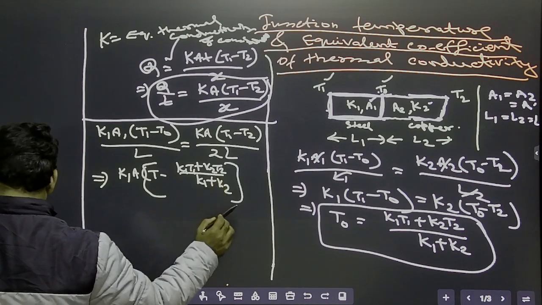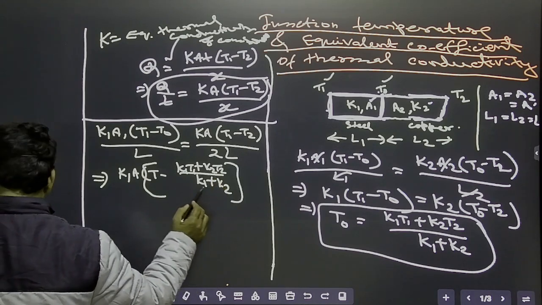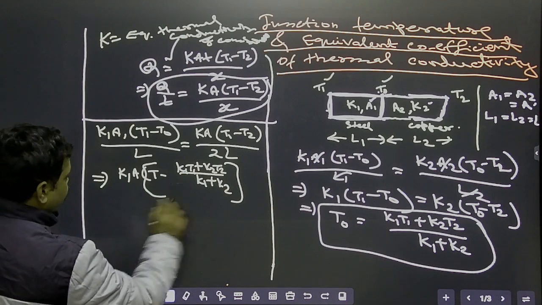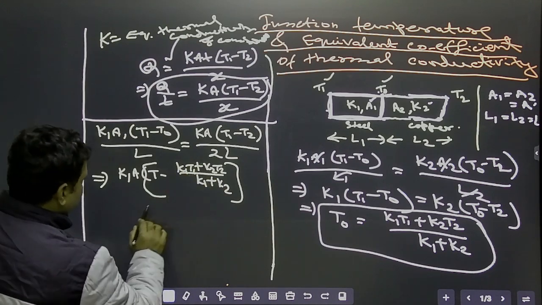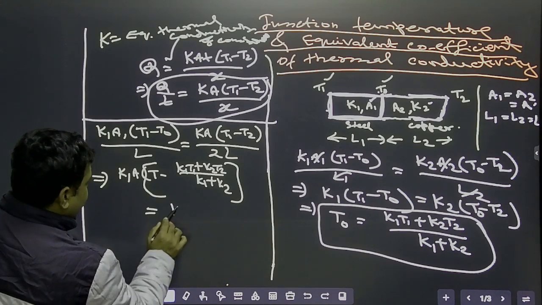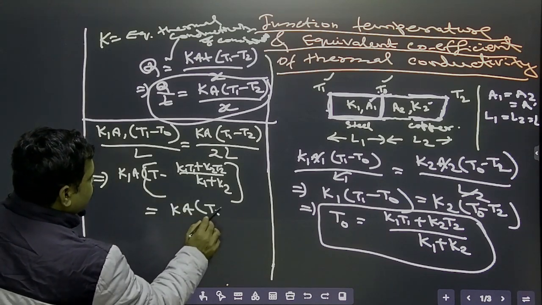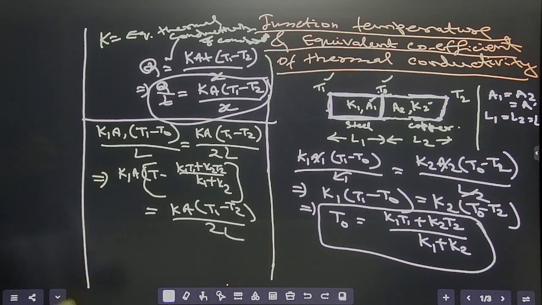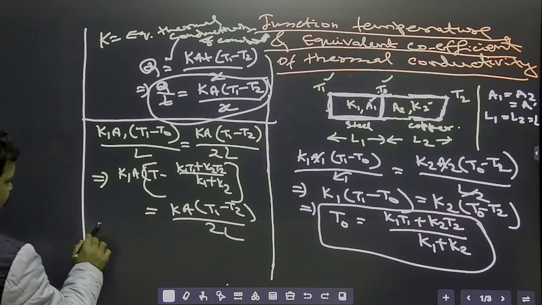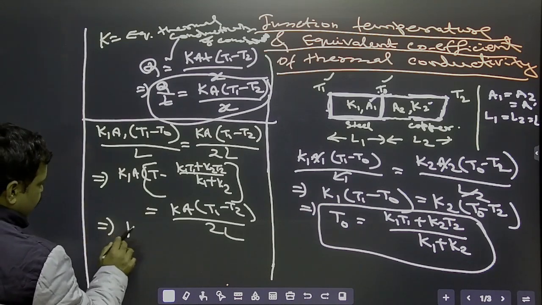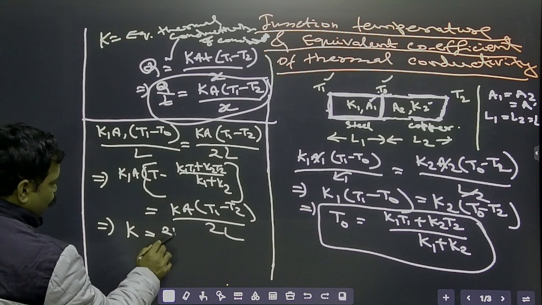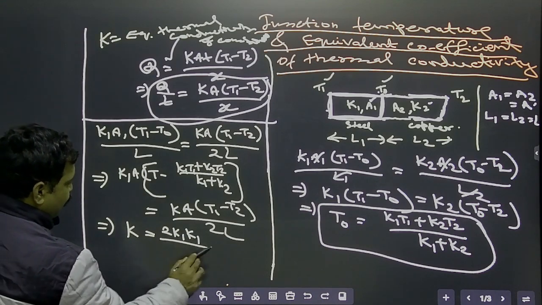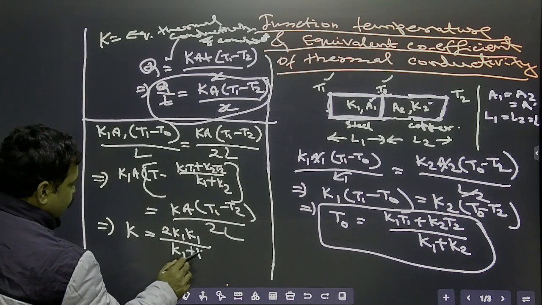In the same manner, this will be equal to KA (T1 minus T2) upon 2L. So by equating these two, we find the value of K will be equal to 2 K1 K2 upon (K1 plus K2).